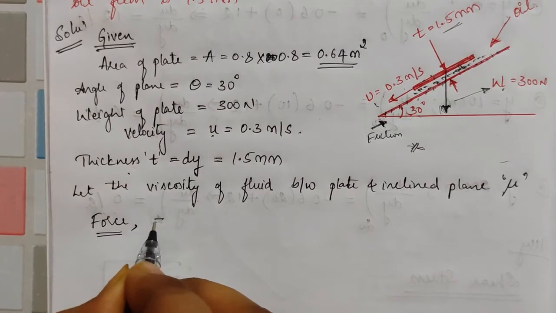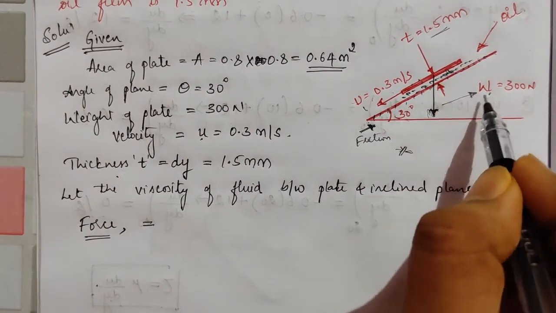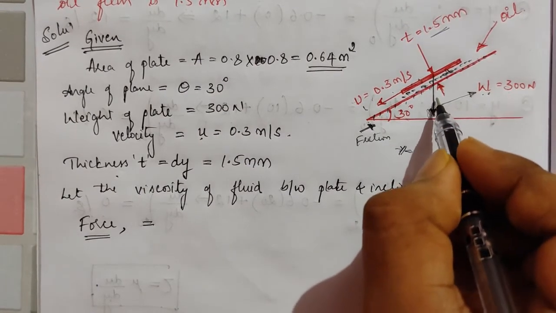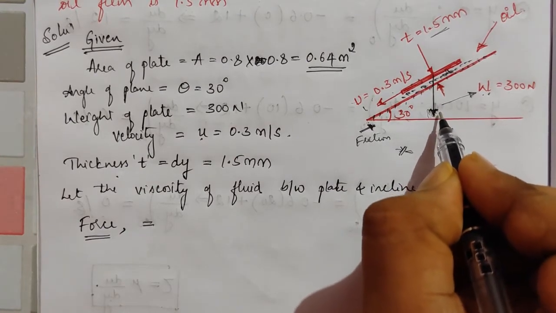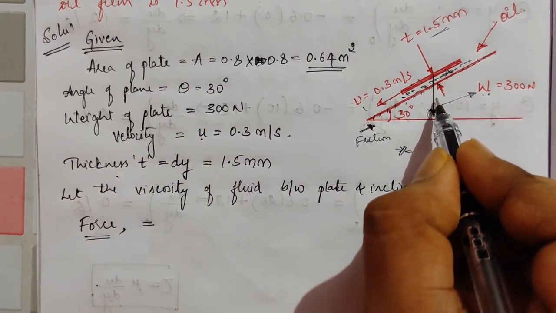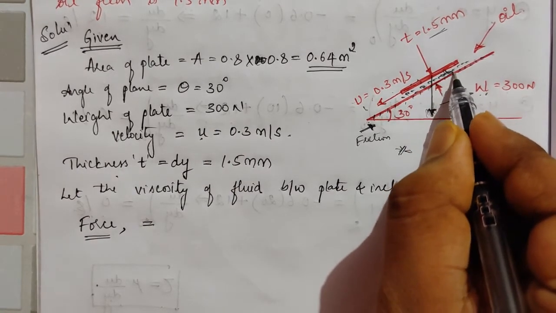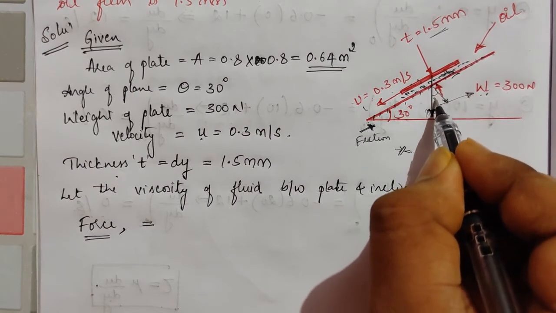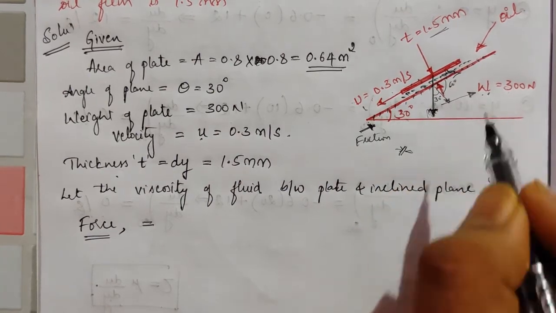So we need to find this force. So how to get this force? So here see, W is 300 Newton. So this W is acting 300 Newton. When I resolve this W force, one of the components will be along the plane. The component along the plane will be what? This is 30 degree. So 90 minus 30 is 60 degree.